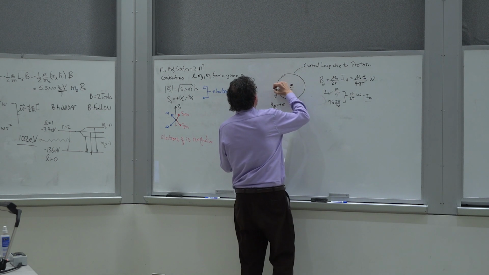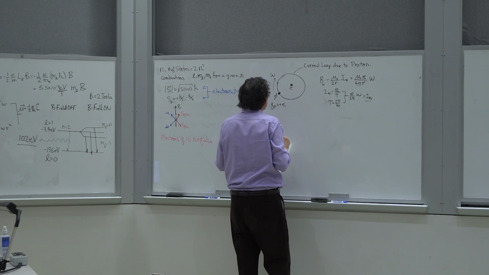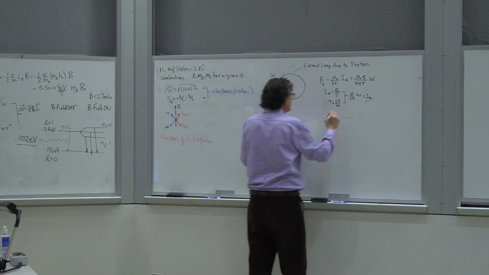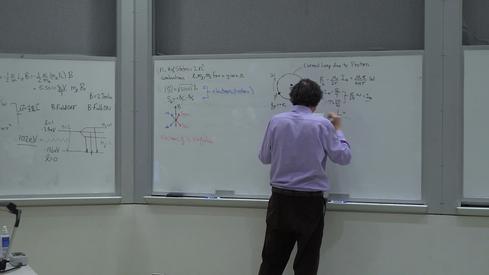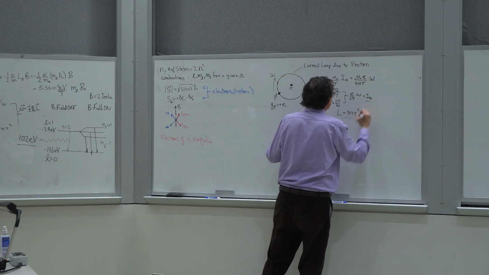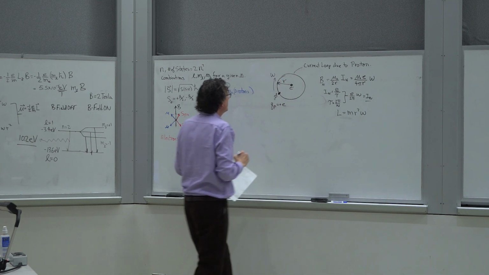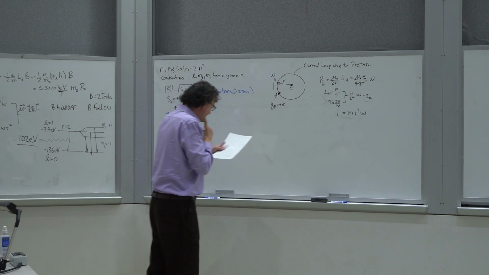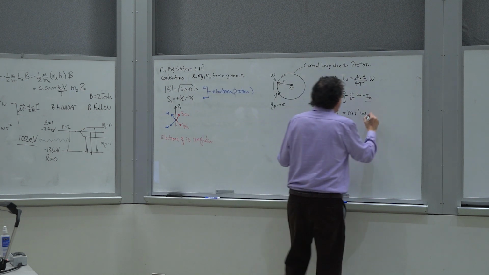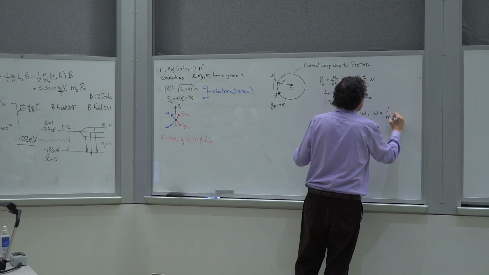So this is going around at angular velocity omega. So it will have an angular momentum L, which is equal to m times r squared times omega. So r, of course, is the classical distance between the electron and the proton. And then I get that omega is equal to L divided by m r squared.